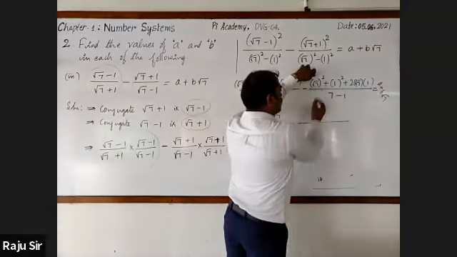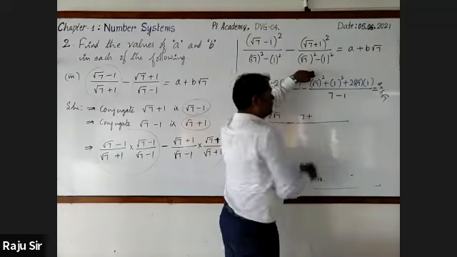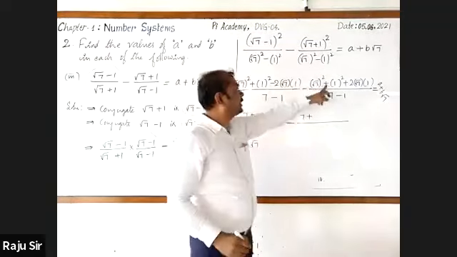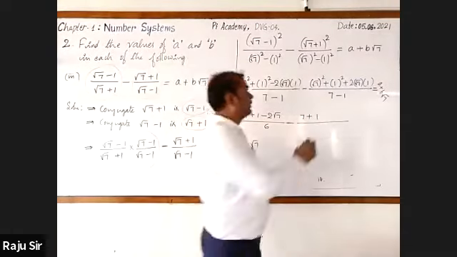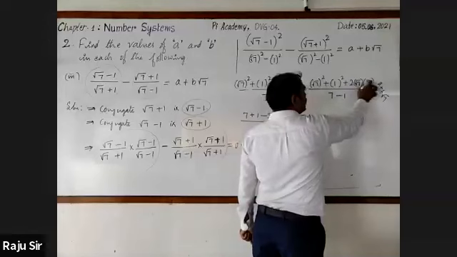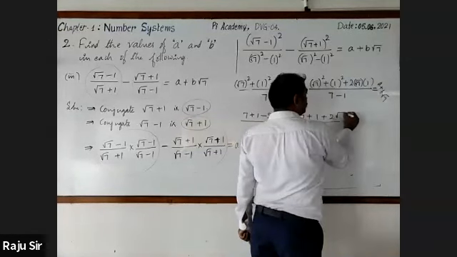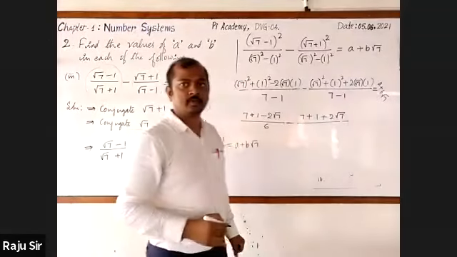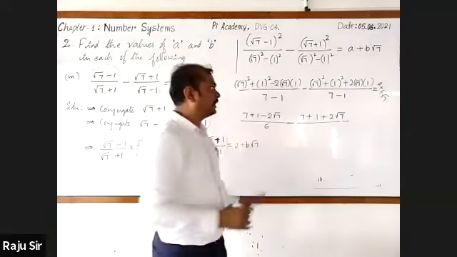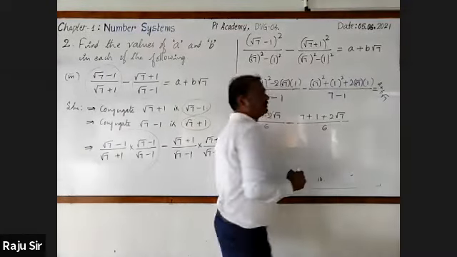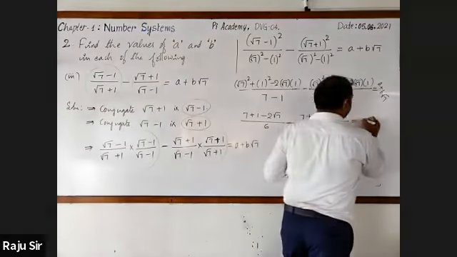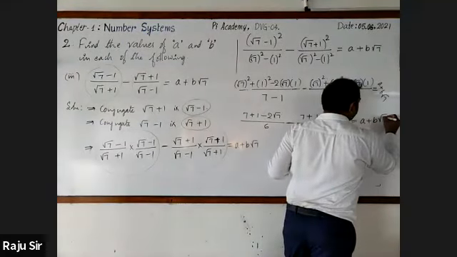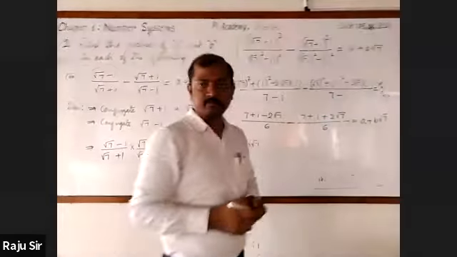Root 7 whole square is 7, plus 1 whole square is 1, plus 2 ones are 2, 2 into root 7, divided by here also 7 minus 1 is 6. That is equal to a plus b root 7.